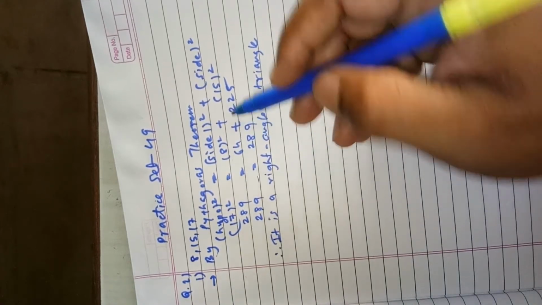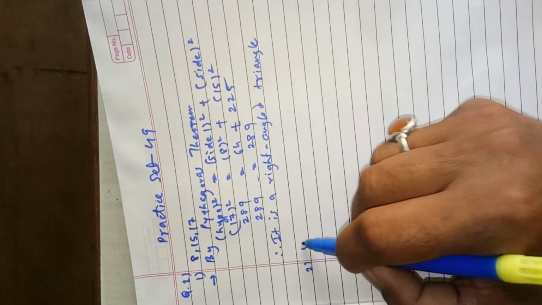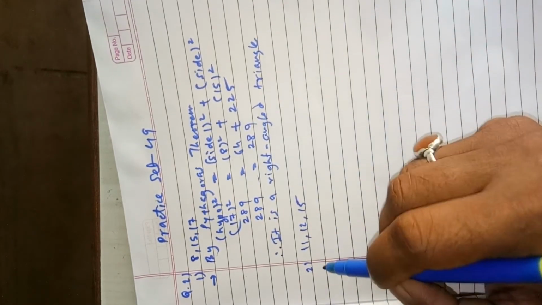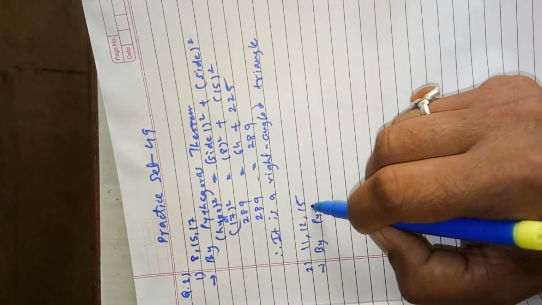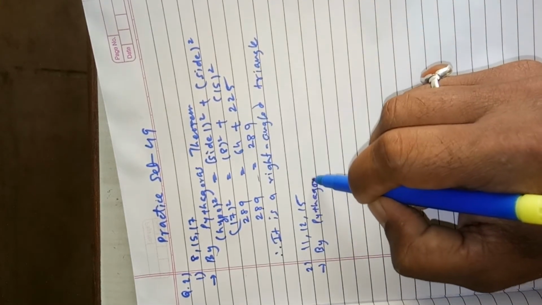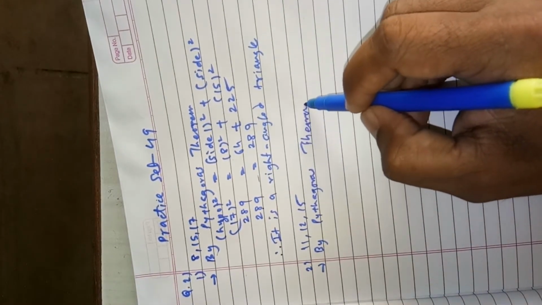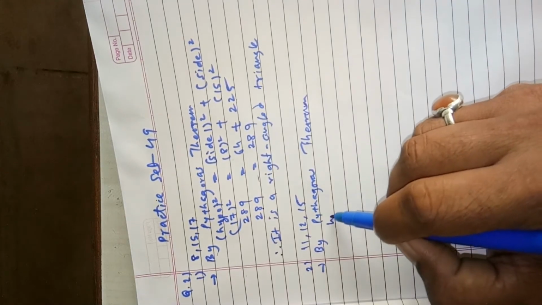Now see the second example. The measurements are 11, 12 and 15. The solution is the same, by Pythagoras theorem. Now write the formula.